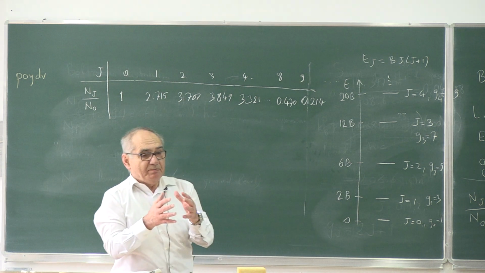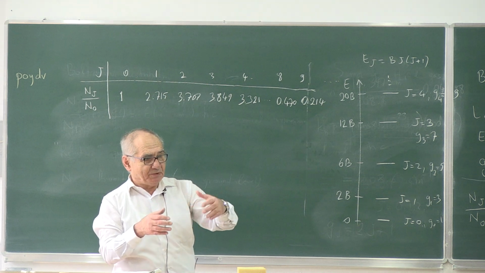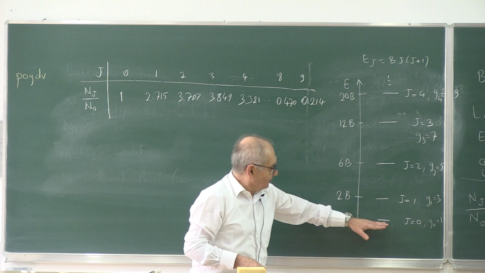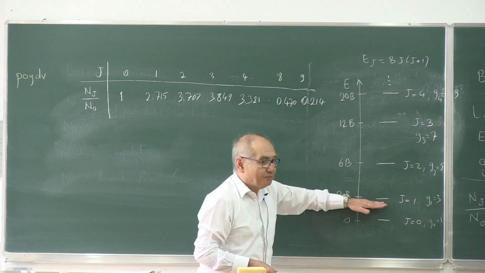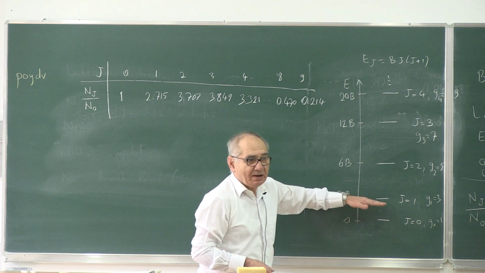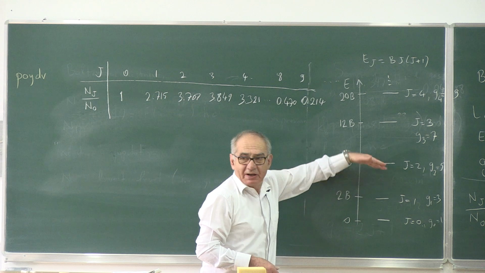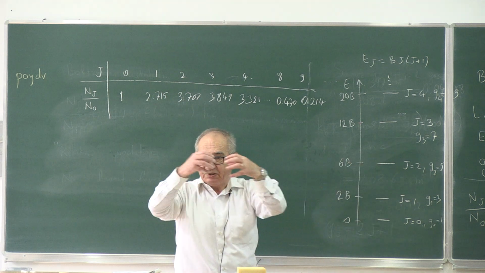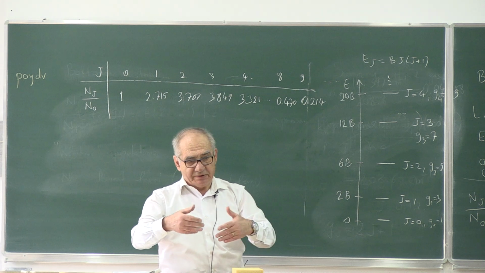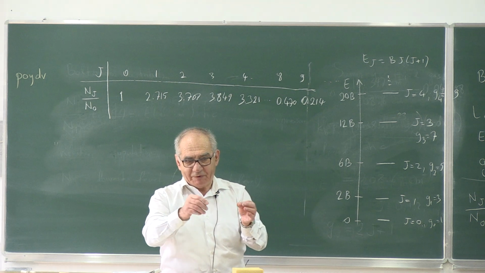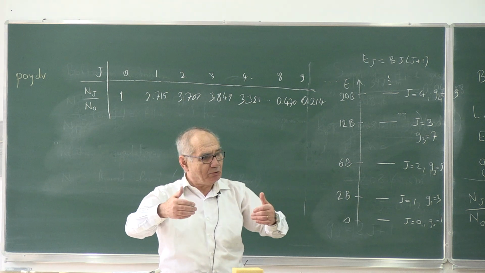Now, molecules in part of the sample will be in the lowest rotational energy level. Some others will be in the first excited level. Still others will be in the next excited level, and so on. So there is a distribution in the sample. It's a macroscopic sample, and there are maybe of the order of Avogadro's number of molecules in it, very many molecules.